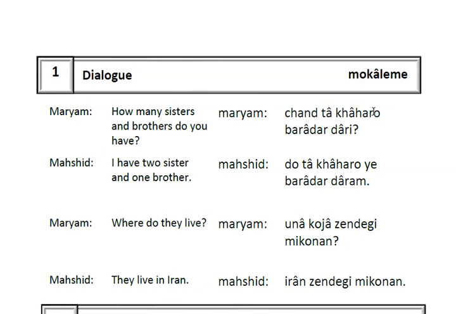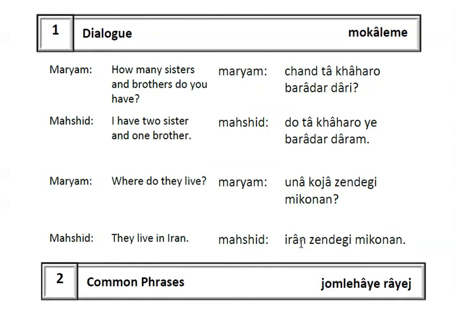How many sisters and brothers do you have? دو تا means two. دو تا خواهر و یه برادر دارم. اونا کجا زندگی میکنن؟ اونا means they. ایران زندگی میکنن.